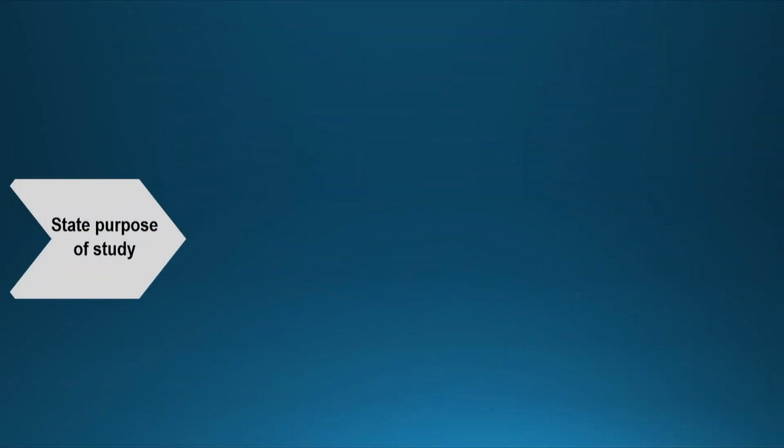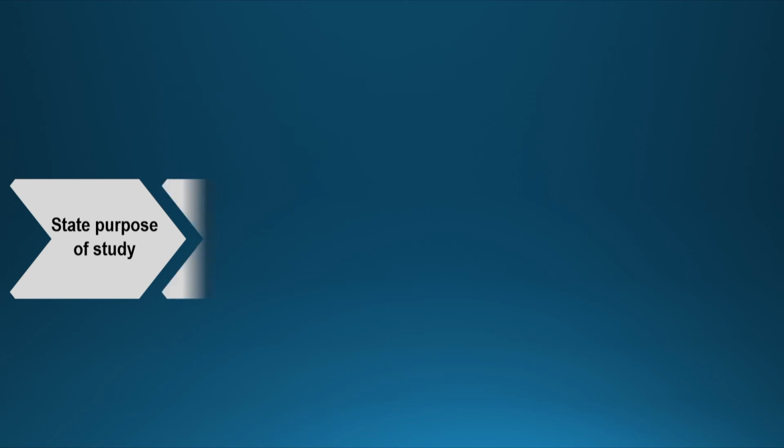Content analysis can be taken up in a number of cases as far as teaching learning is concerned, and it passes through a number of steps. The very first step is to state the purpose of the study.